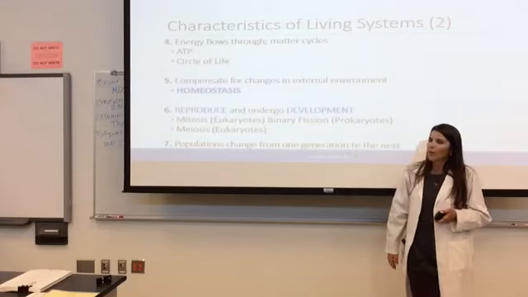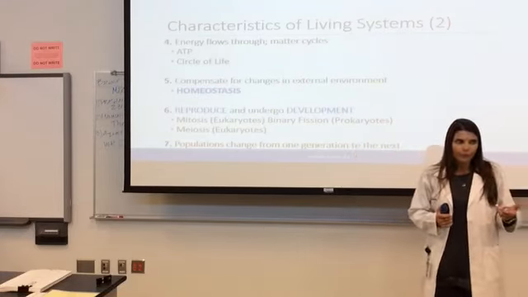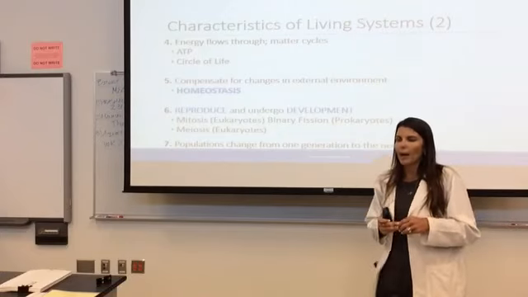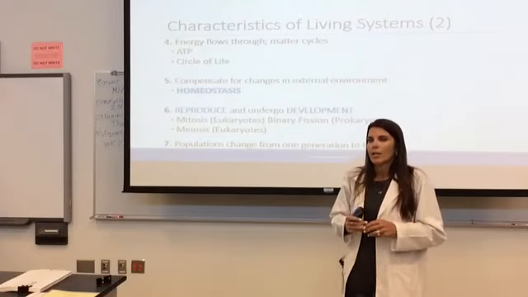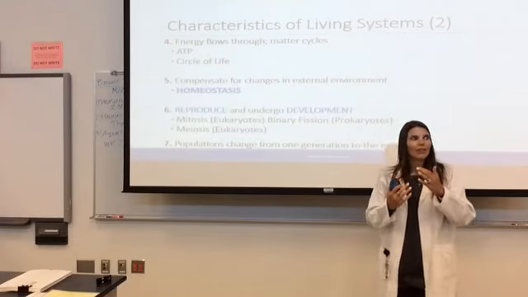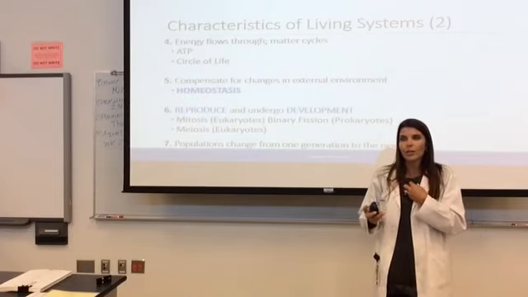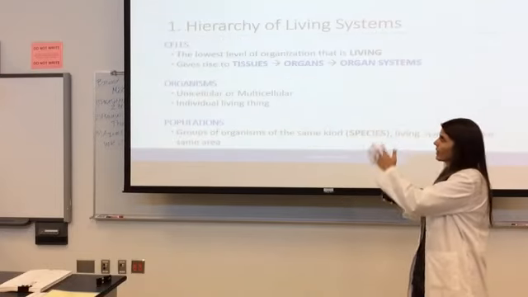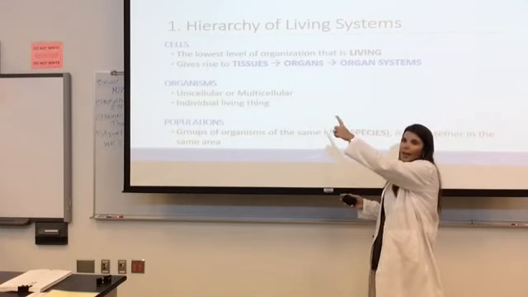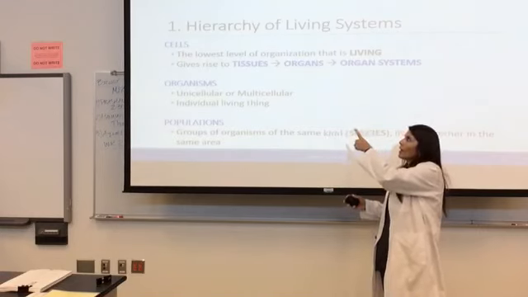The seventh and final characteristic of a living system is their ability to evolve. And so we are going to talk about biological evolution today as well. So these last two slides have kind of served as an introduction of what we're going to cover in this first section. Now, when I click to the next slide, it has the first thing I mentioned, which was the hierarchy.